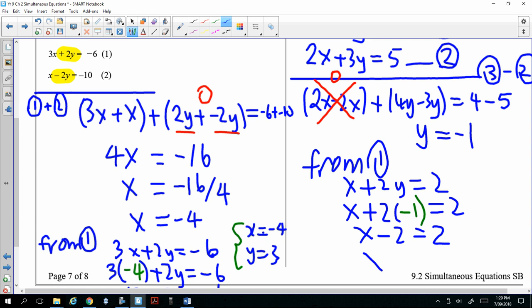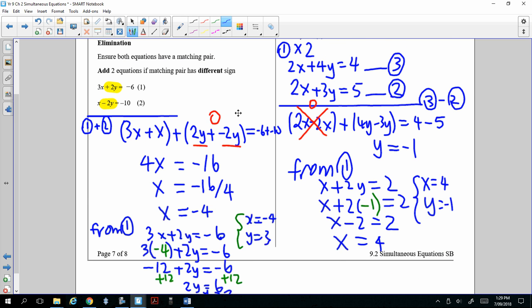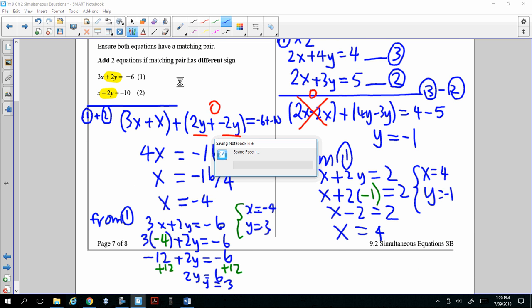So write 4 and negative 1 as your answer. Very good. So that's the elimination. We've done these two cases, when to add, when to subtract. And then we're going to go to the next page with substitution and quadratic equations.